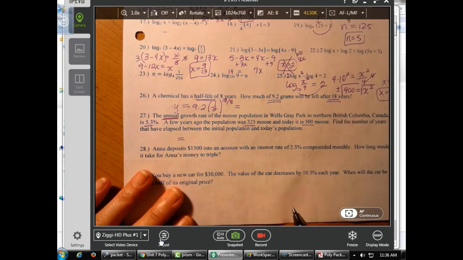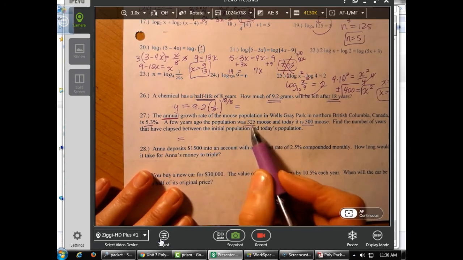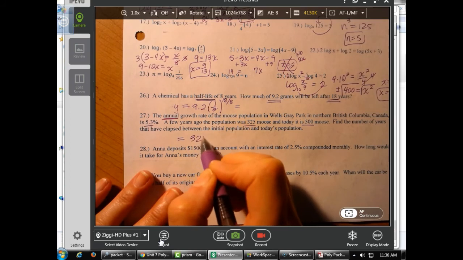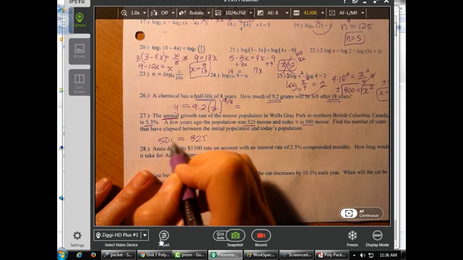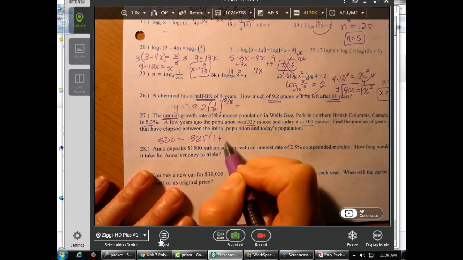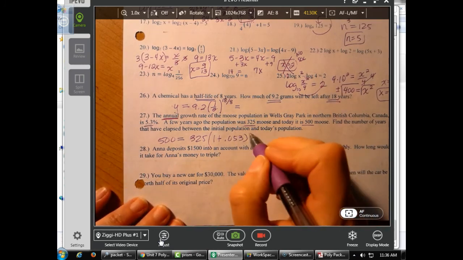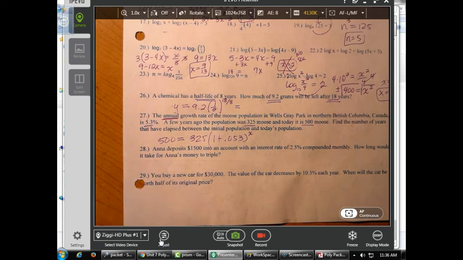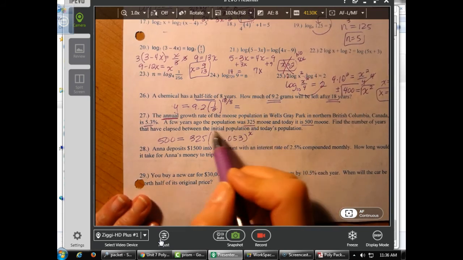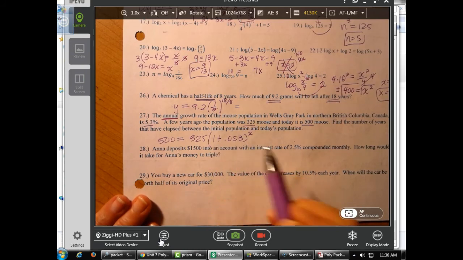So the initial population was 325, and it grew to be 500. You know the growth rate, 0.053 in decimal form, and then I am just solving for x. Okay? Now, this is one where you want to isolate the power. So I'm using one of the methods we already talked about.